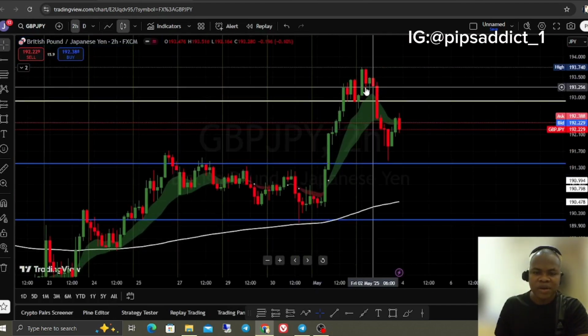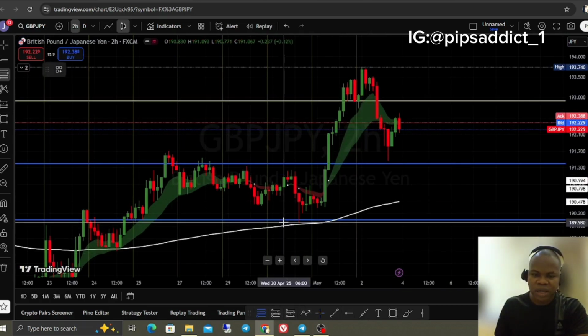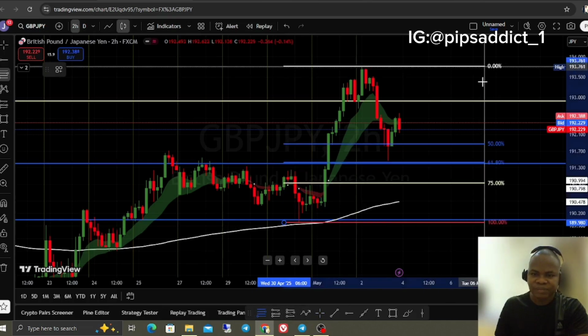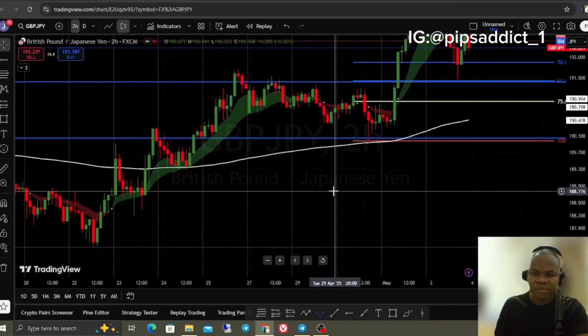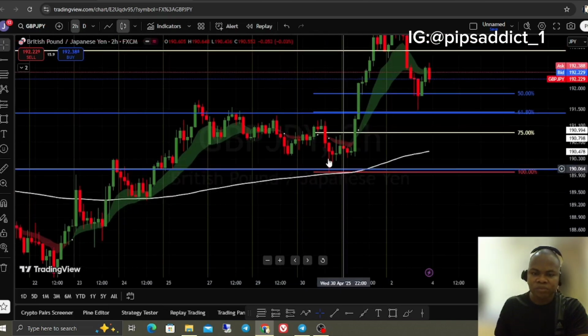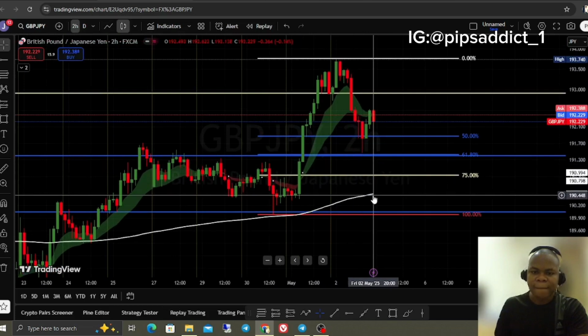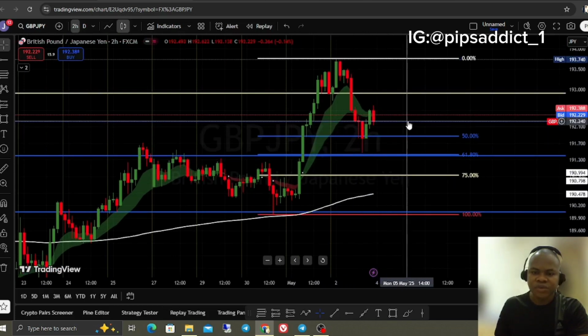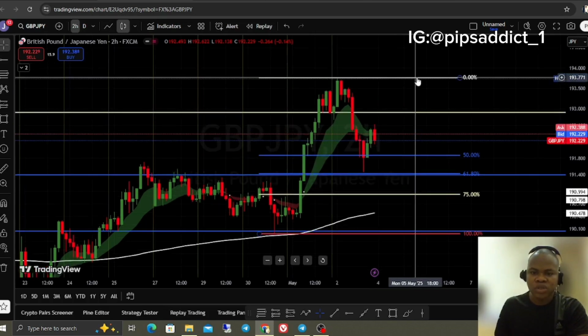We have hit the premium on the daily time frame, and technically if you look at this, I will still say we are in an uptrend. And you can also see my 200 EMA is below price. So obviously we are still in an uptrend, but my rule still remains my rule. This is what I'm going to do here. Because we are in premium on the daily time frame, I'm going to still wait.